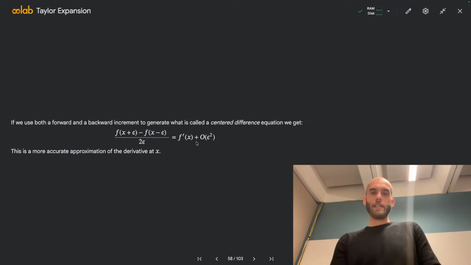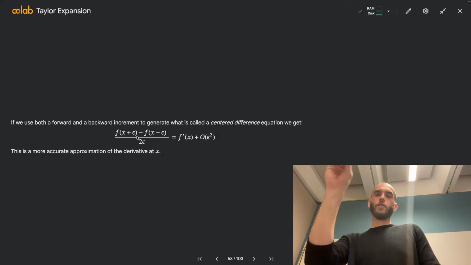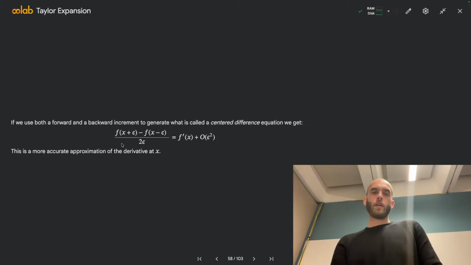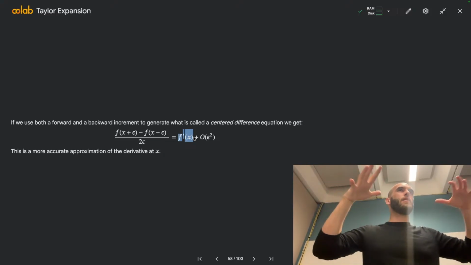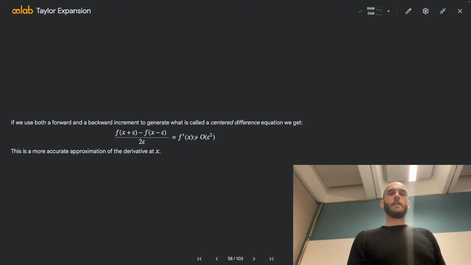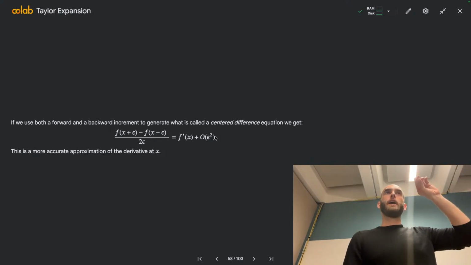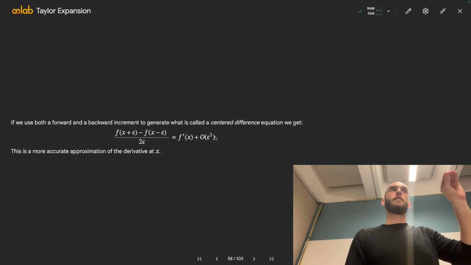When we rearrange this, we get this thing. This is the definition of a centered difference equation, which is equal. We're just taking the difference here, essentially combining the two sides to get f prime. Our error term, our big O, is of epsilon squared.